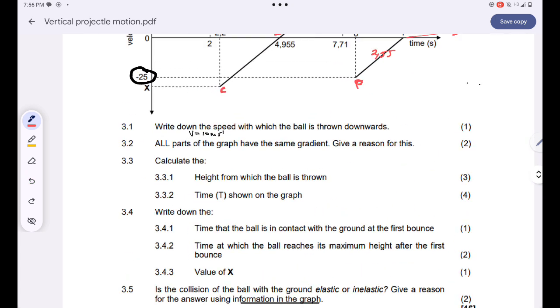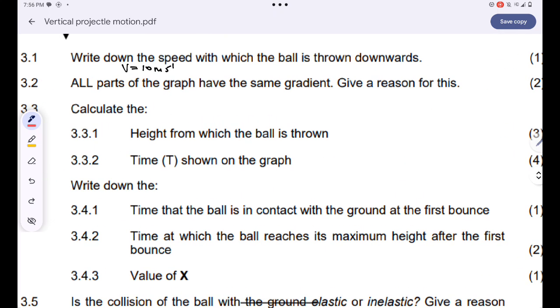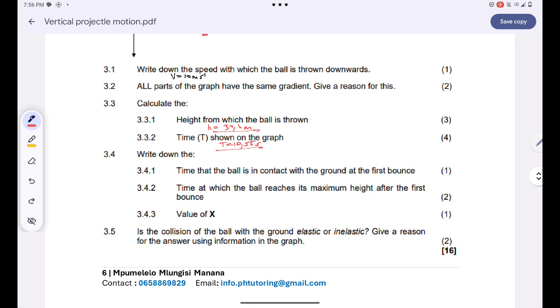Okay, the height, what did we get for the height? Height is 39.6, and then t is 10.55 seconds. Okay, then I must write down the time the ball is in contact with the ground at the first bounce.